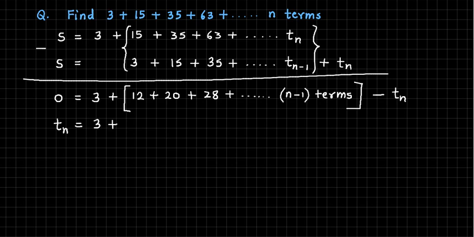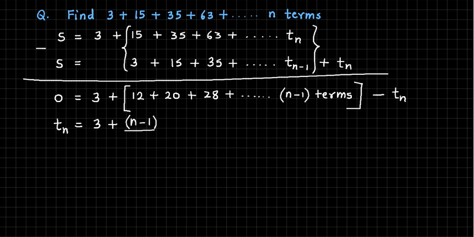The expression inside this bracket is nothing but an AP, because it starts with 12 and the common difference is 8, and there are n minus 1 such terms. So we write the formula for the sum of n minus 1 terms of this AP.